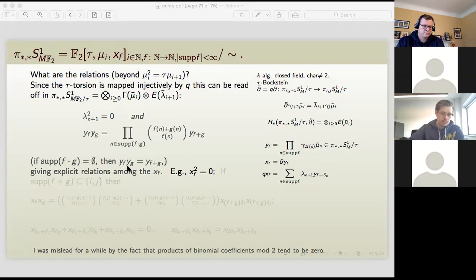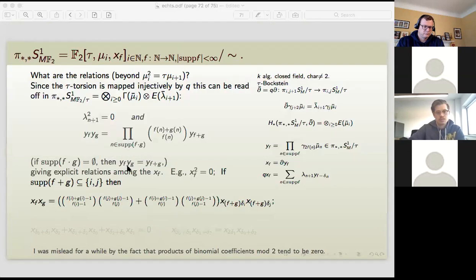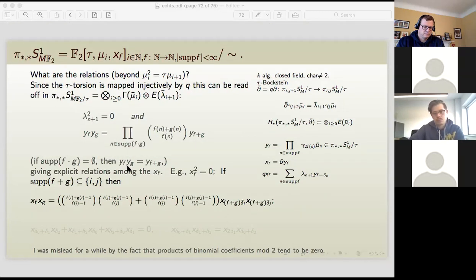For instance, as I said, x f squared is equal to 0. And let's just as a test case look at the example where the union of the supports is of cardinality less than or equal to 2. Support is i, j, for instance. Well, then I can write the product of xf and xg in terms of the x of two functions that have support either just at i or at j.